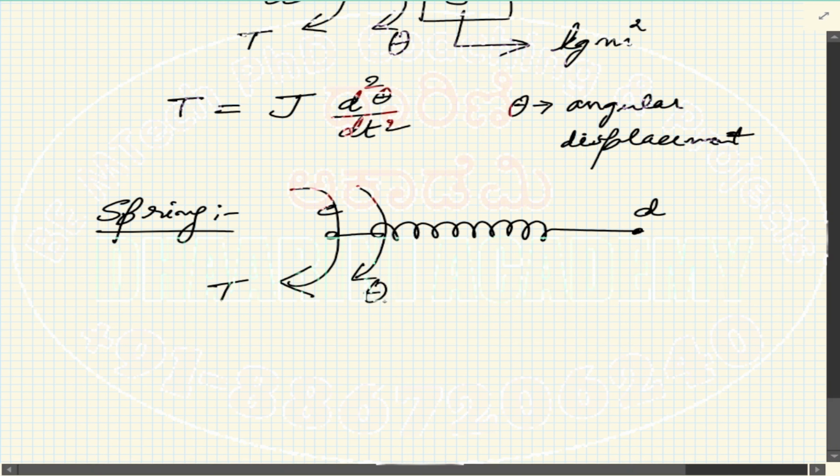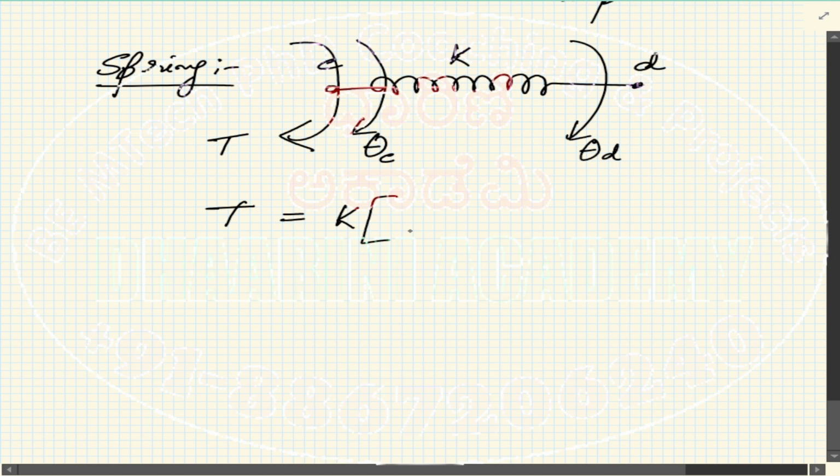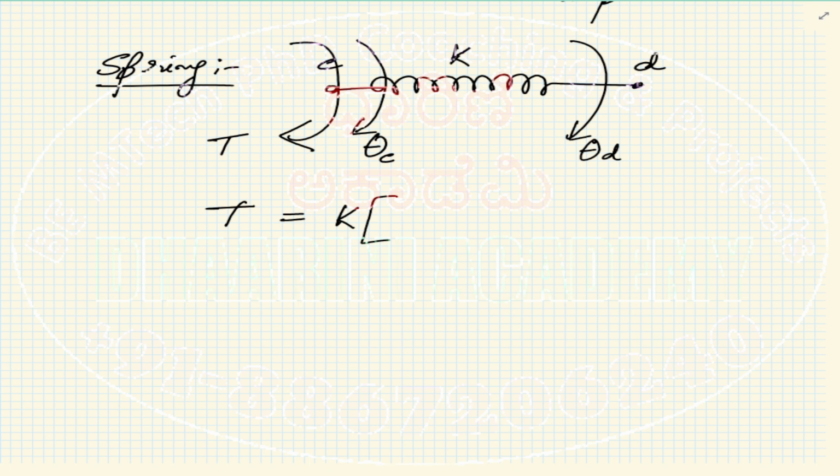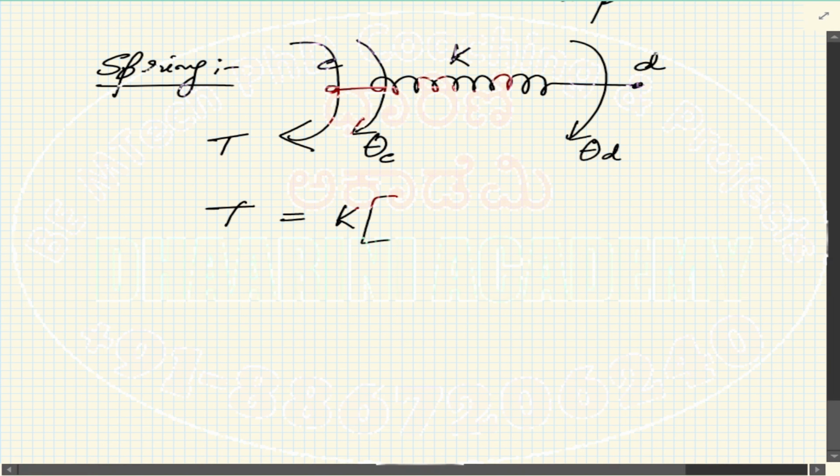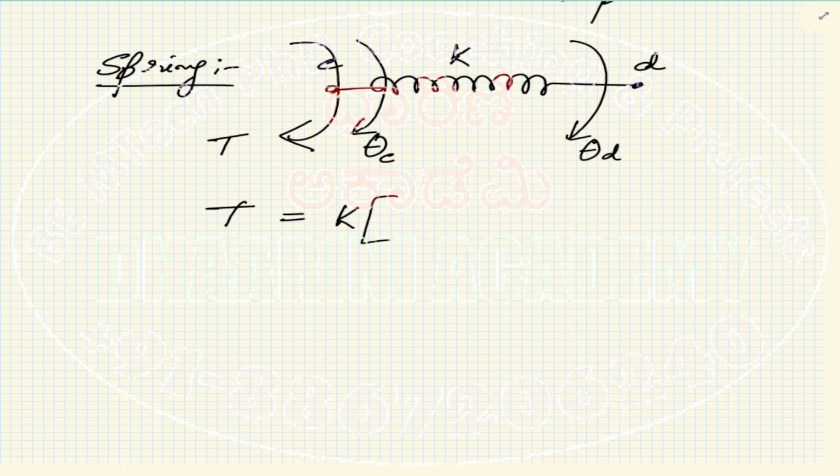F was equal to k times the difference. How much angle C gets rotated and by what angle D gets rotated, they are different, so there could be a bending effect.